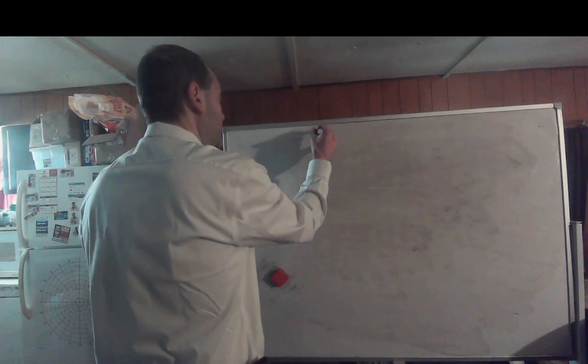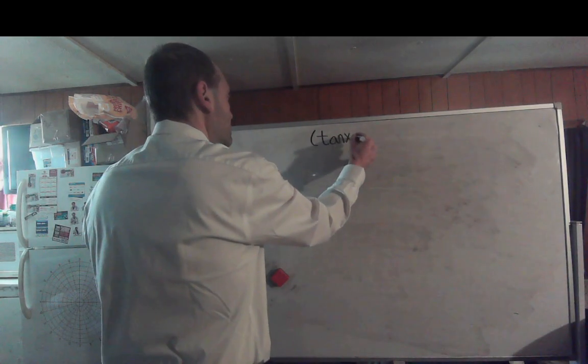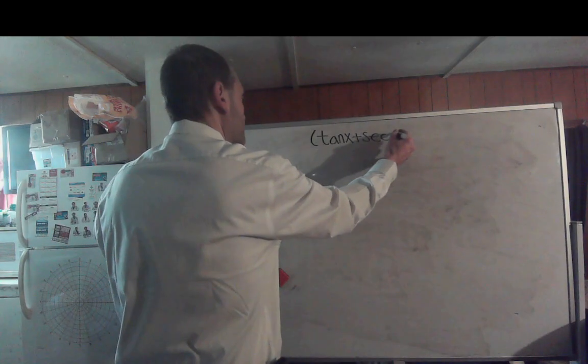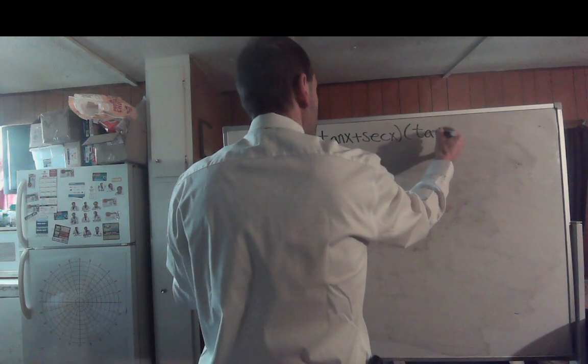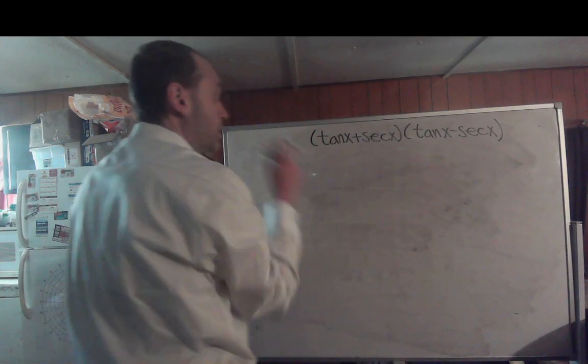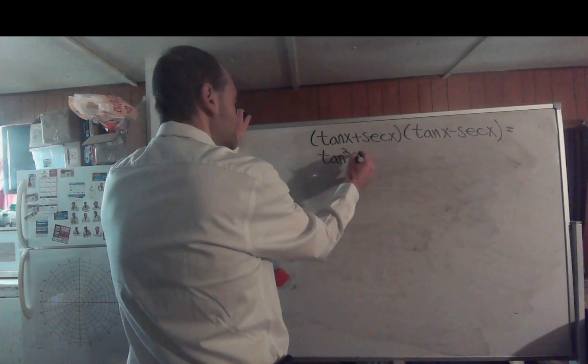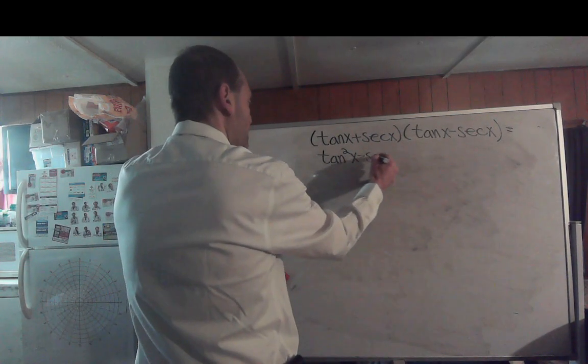Alright, let's see. We have the tangent of x plus the secant of x times the tangent of x minus the secant of x. Well, what's that going to simplify into? That'll end up being the tangent squared of x minus the secant squared of x.